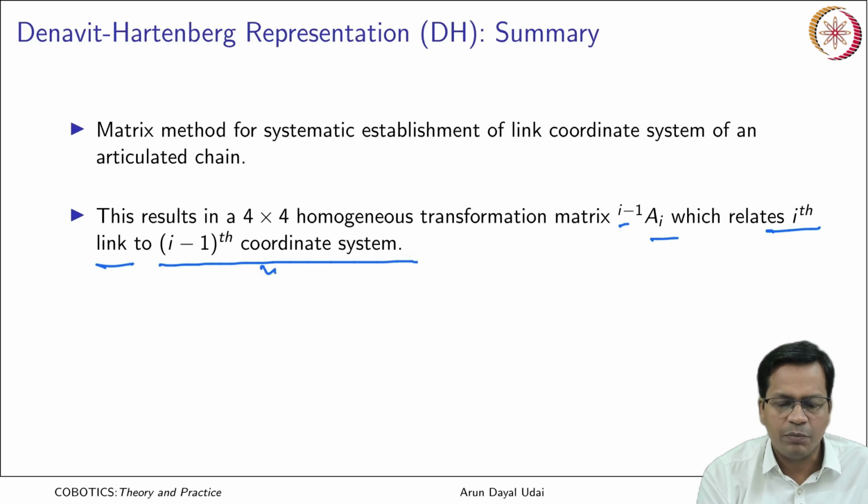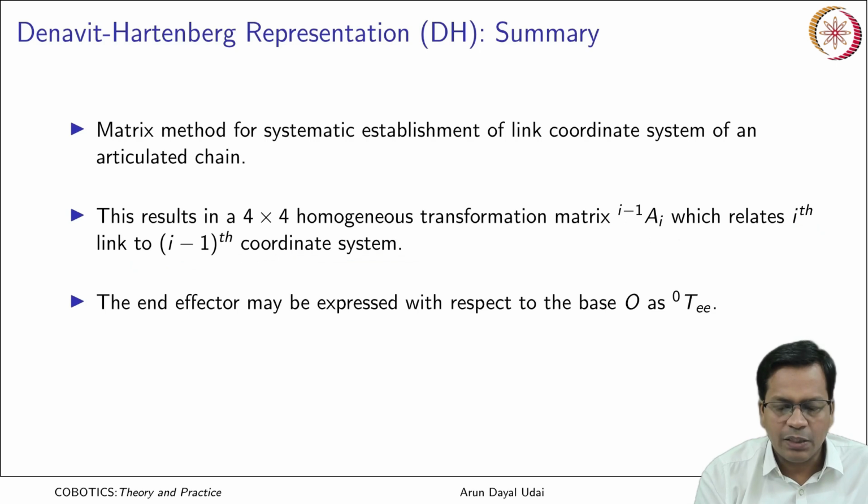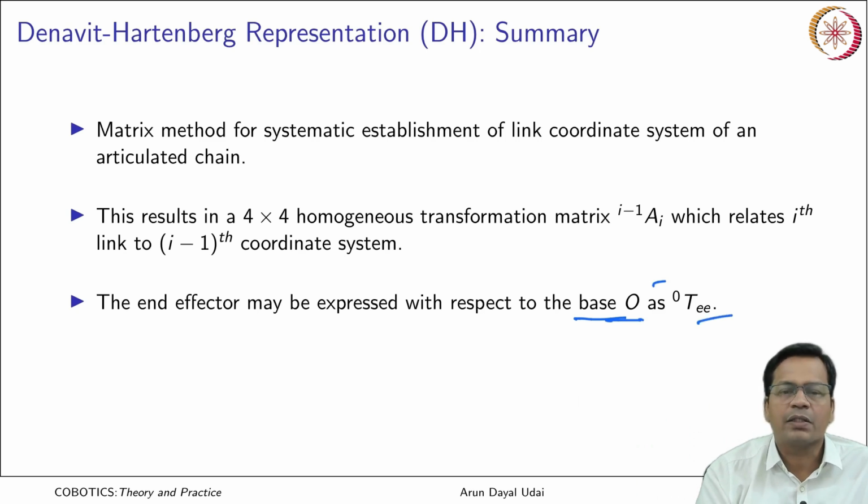So, this frame is fitted at the end of the (i-1)th link. Okay. The end effector may be expressed with respect to the base 0. Finally, when you take the product of all those link transformation matrices, it takes you from the base frame, that is 0, to the end effector.